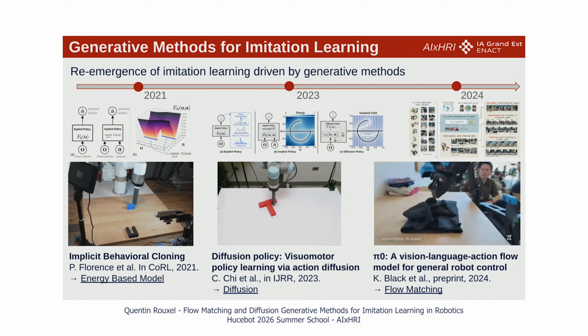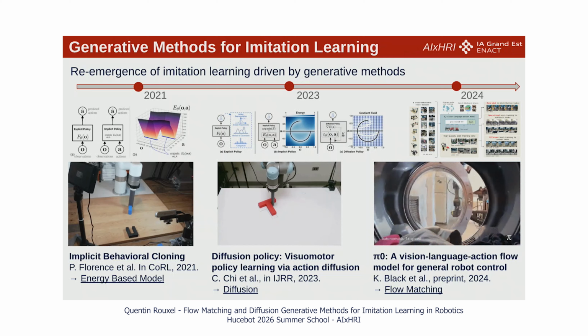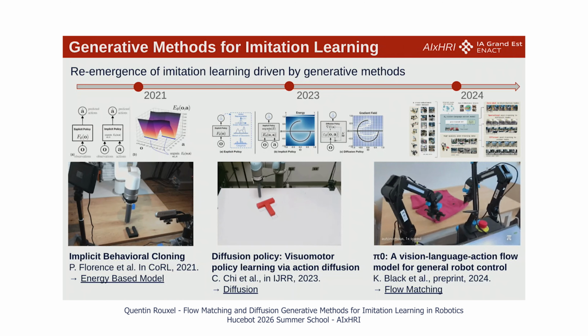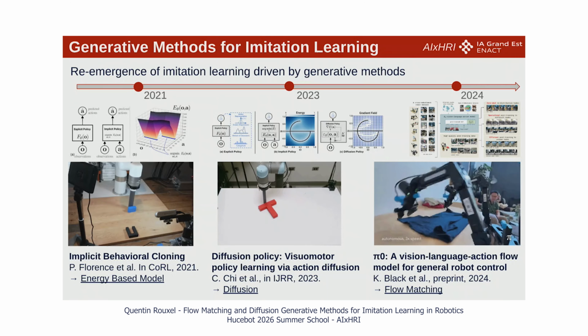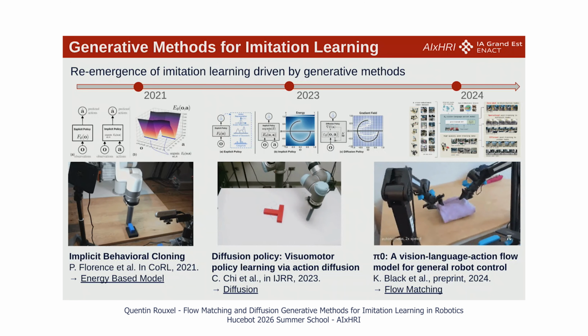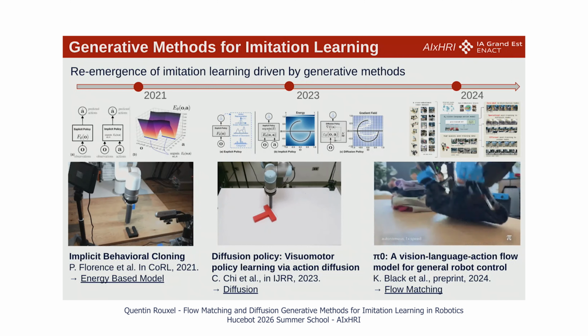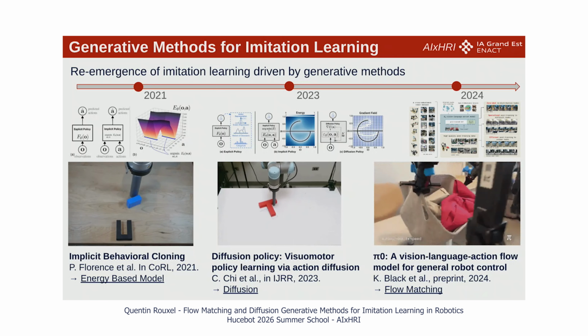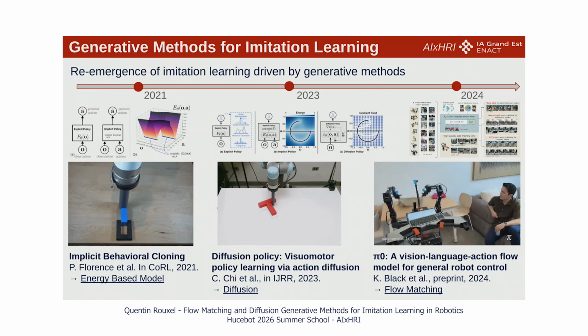One of them was based on energy-based models, a previous version of diffusion and flow matching. But one of the most important works that really shows that this method could work very well was the diffusion policy paper in 2023. Again, using a diffusion method, and new work, especially VLA in 2024, using flow matching, which the next lecture is going to go into in more detail.